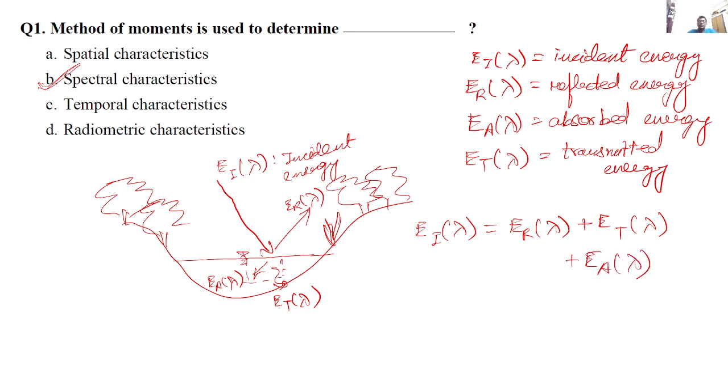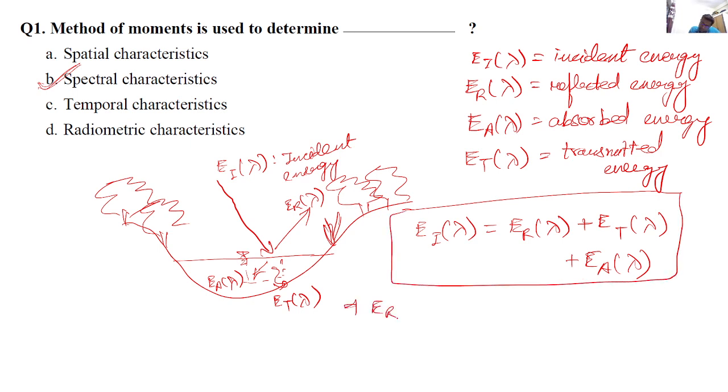Because these features depend a lot on the incident wavelength of light, and that is why I'm using lambda specifically. So what if I want to find the ER lambda, the reflected energy fraction? That would be EI lambda minus the summation of the absorbed energy and the transmitted energy.